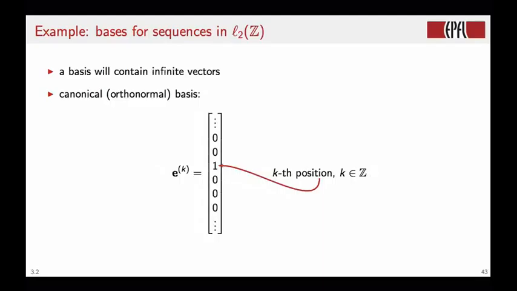For sequences, we can do the same by simply putting a basis vector e_k, which has a 1 in the kth position, but k now goes from minus infinity to plus infinity. That basis is actually infinite dimensional because, of course, sequences have an infinite number of terms. So these are the two very simple canonical bases, one for C^N, the other one for L2 of Z.